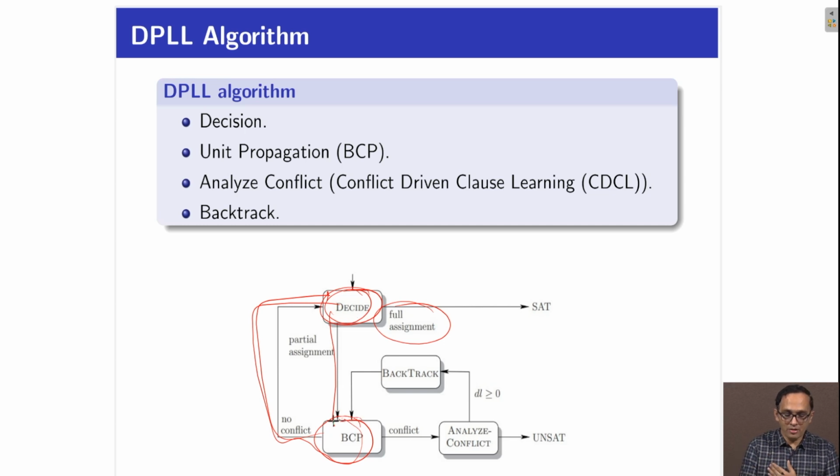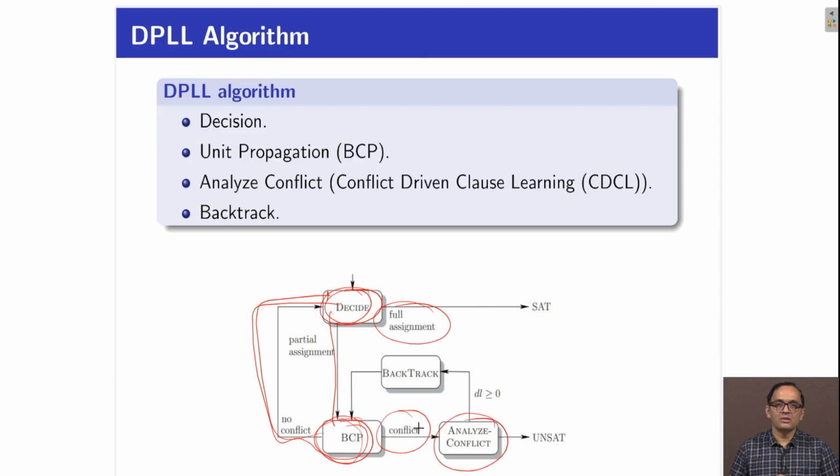But it may not give you a complete assignment; I may reach a conflict. It means that because I am randomly assigning values to variables, those values may not be the ones that give a satisfying assignment.